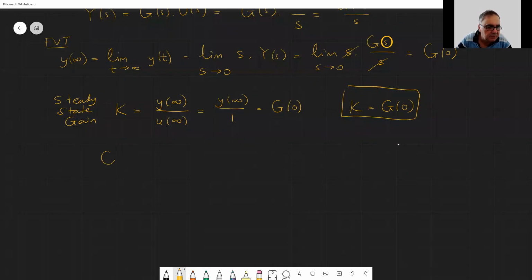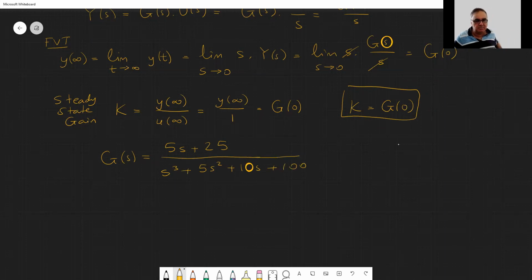Let's say that you have g of s equals, I'm just making this up, 5s plus 25 over s cubed plus 5s squared plus 10s plus, let's say, 100. I just made up all the numbers. Now, the steady state gain of this system is simply g of 0.